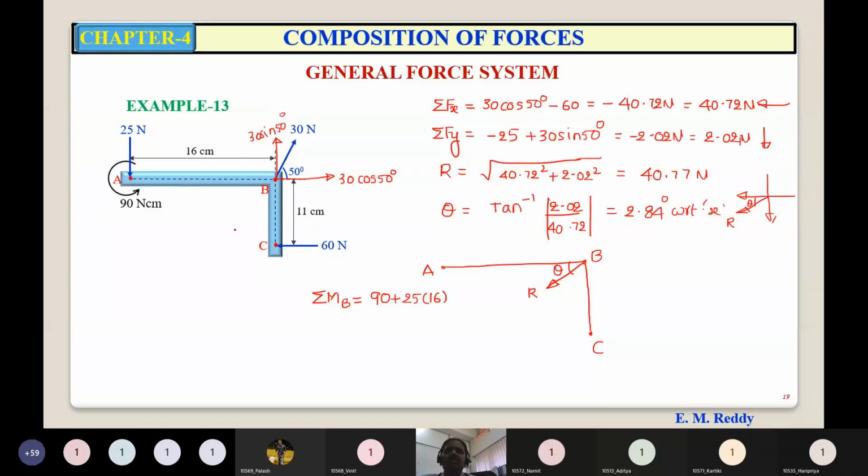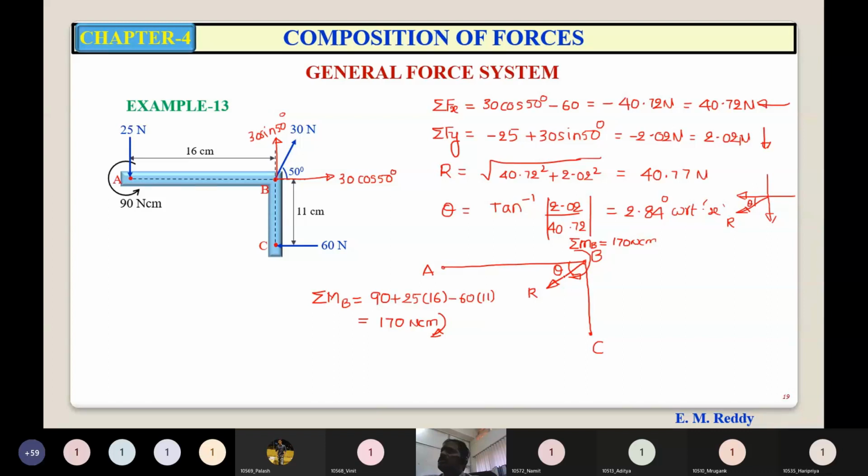Moment of 60 is clockwise, so it is minus 60 into 11 Newton centimeter clockwise. We are getting minus, so we have a clockwise moment. That is summation MB as 170 Newton centimeter.